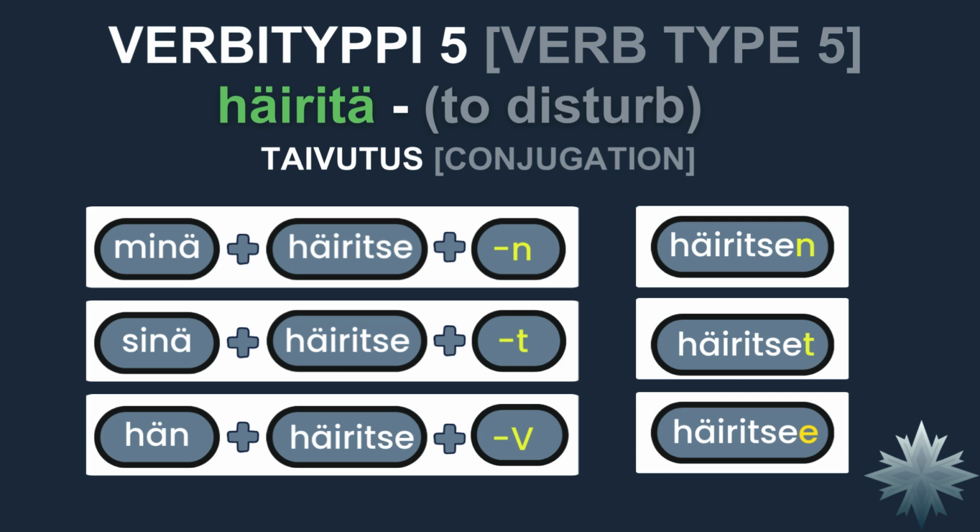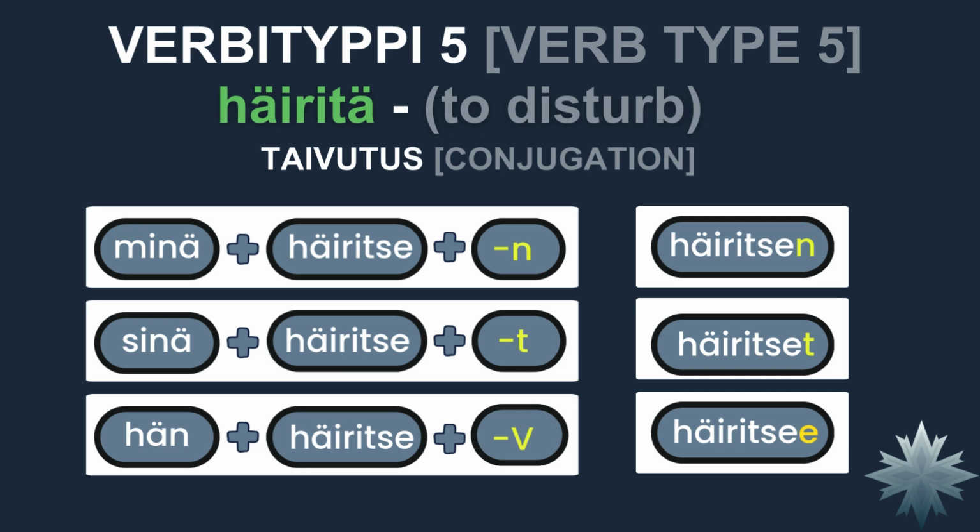Let's start conjugating the verb häiritä. Minä plus häiritse, which is the stem, plus personal ending for minä, which is n. What we get is minä häiritsen, or simply häiritsen, I disturb.